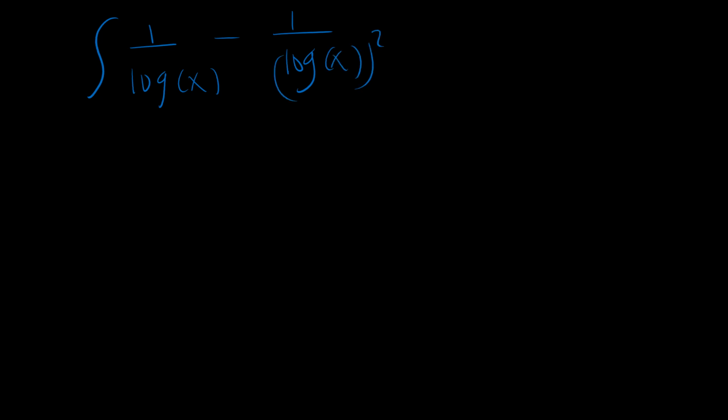Our integral of 1 over natural logarithm of x minus 1 over natural logarithm of x squared, I think the best way to do that is that dx can be expressed as follows.